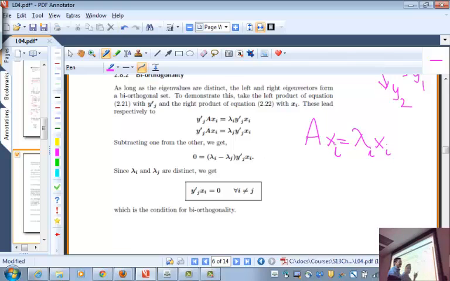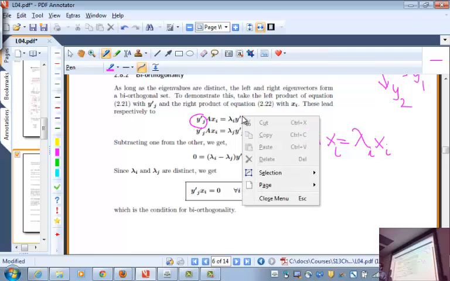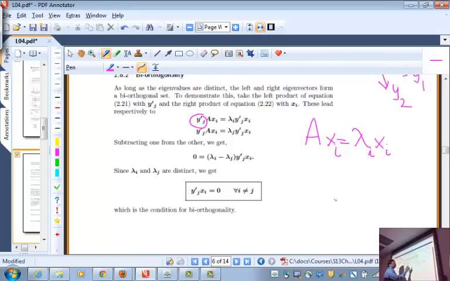I have n vectors, and when I'm using one vector, that goes with one eigenvalue. That's my starting point. I pre-multiply this by y_j transpose, a different vector j. So this is what I get when I pre-multiply by a left eigenvector corresponding to a different eigenvalue, lambda_j.